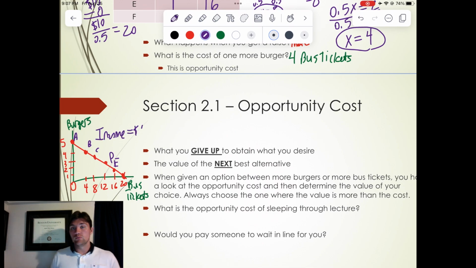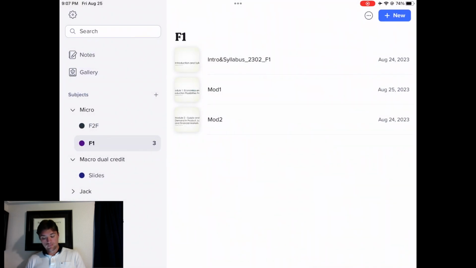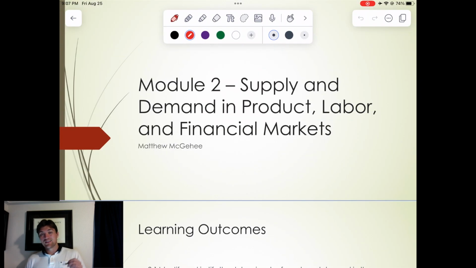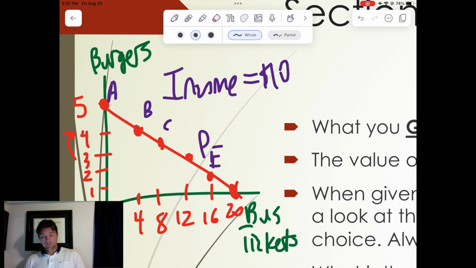And then we talked about what is the cost of doing one more burger. So if I wanted to go from 3 to 4, from C to B, that is one more burger. But going from C to B would mean I'm going from 8 to 4.